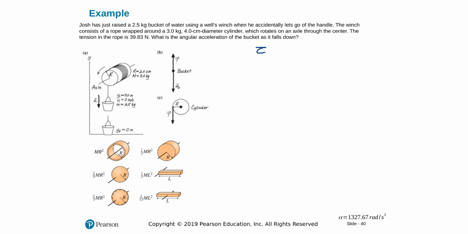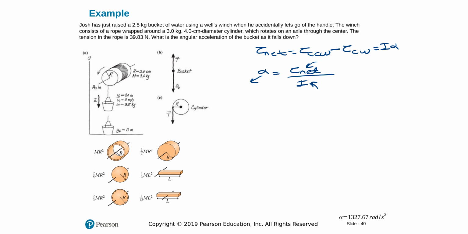Actually, we will say, what is tau net? We'll find that. That will be tau counterclockwise. We'll take those as positive, add them all up, and take the difference between them and the tau clockwise. And we will say that tau net is equal to I alpha. That's it. And then if we are asked to solve for alpha, we'll say that's equal to tau net over I. So we'll find tau net, we'll find I, insert them, solve for alpha.